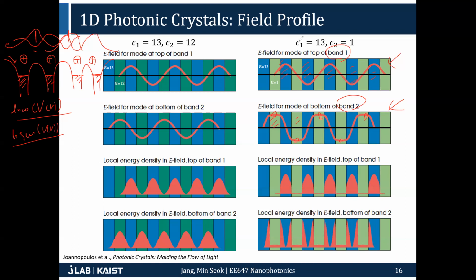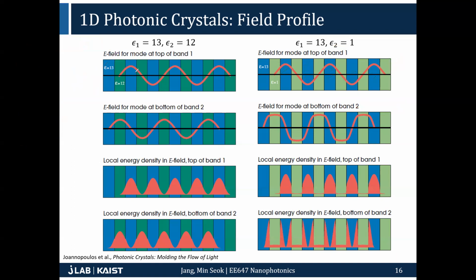Another thing I want you to know is that the electric field profiles should be orthogonal. The electric mode at the lower band and the electric mode at the upper band should be orthogonal, which means if you take the overlap integral, there shouldn't be much overlap. If they peak at different positions, their overlap integral vanishes. So that's why they have different forms.